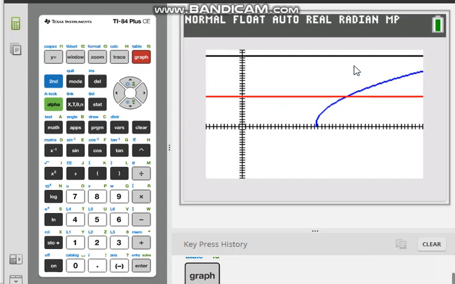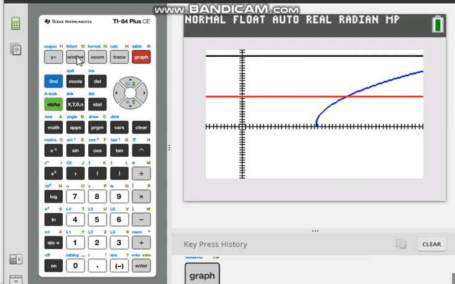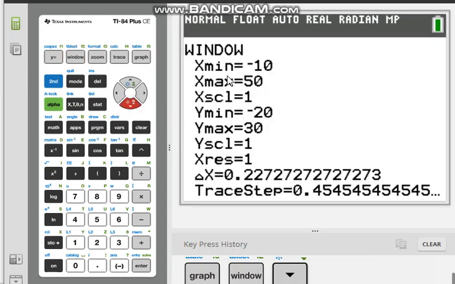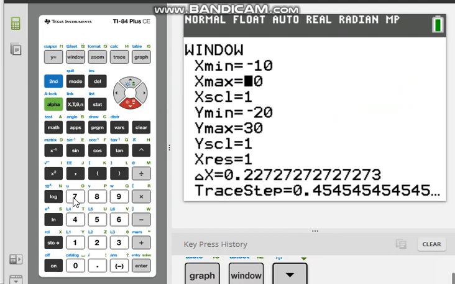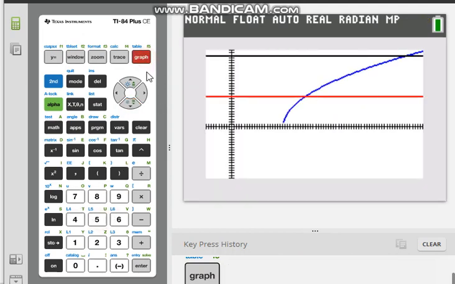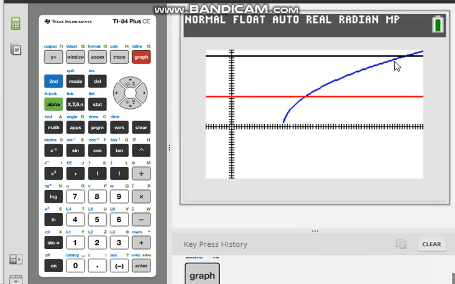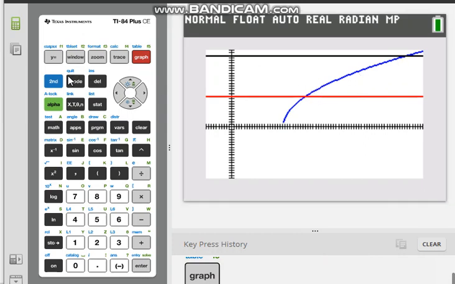Okay, I don't quite see over far enough, so I'm going to adjust my window one more time and make X max bigger. Okay, now that I see both of these intersections, we're going to find them.